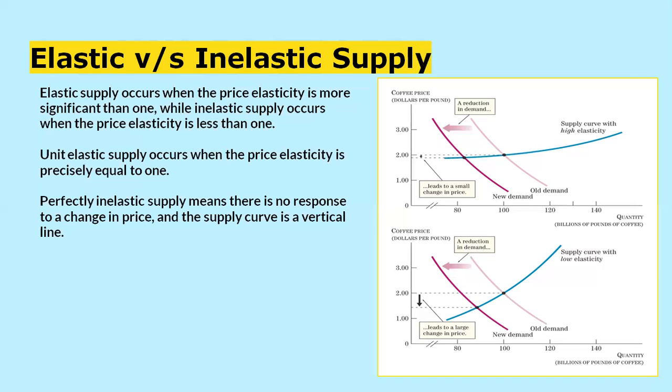Perfectly inelastic supply means there is no response to a change in price and the supply curve is a vertical line.